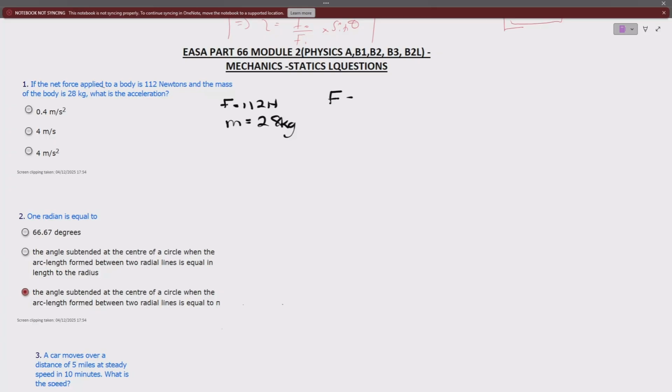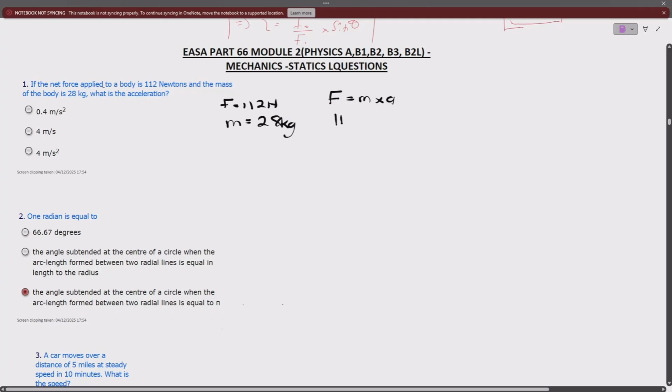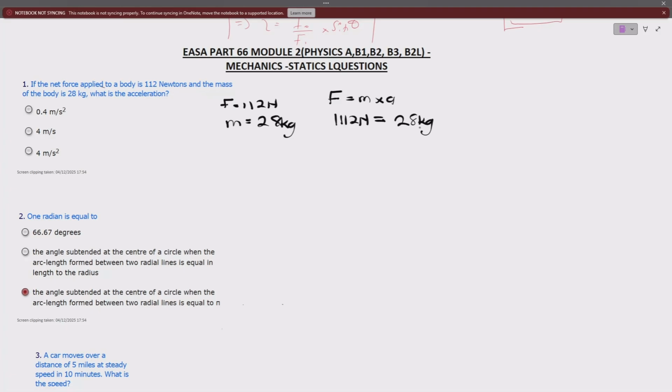Force equals mass times acceleration. Acceleration wasn't given, so the question requires you to find acceleration. Making A the subject, 112 newtons divided by 28 kilograms. The answer is 4 meters per second squared.